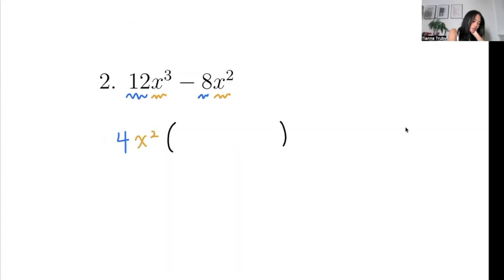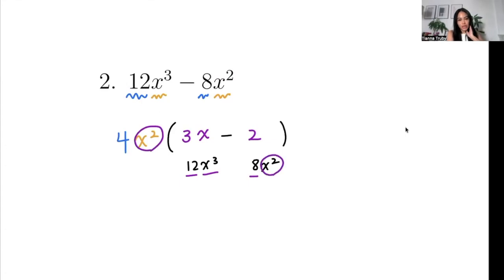Again, we're going to draw our parentheses in. We're going to leave our minus between them and then just try to get back to our original problem. So again, 4 times 3 would give us our 12, and then x squared times x would give us our x cubed. 4 times 2 would give us our 8, and then we already have x squared and x squared in common, so we don't need to do anything else.